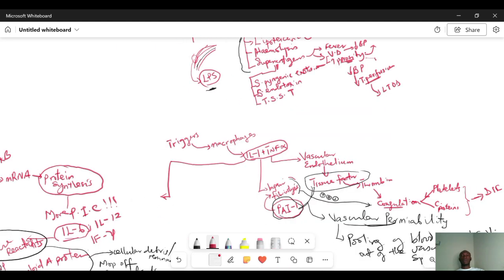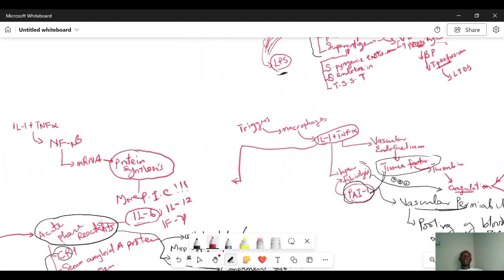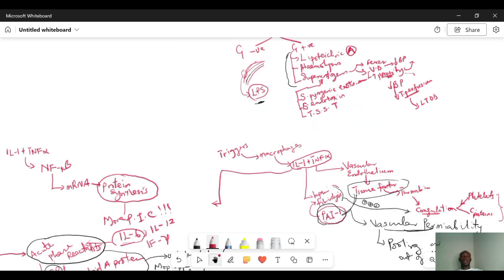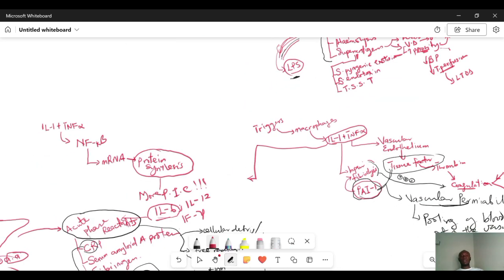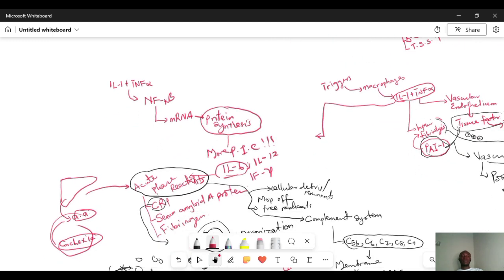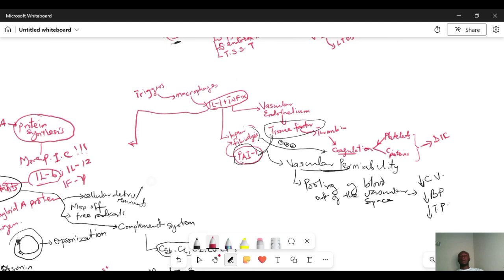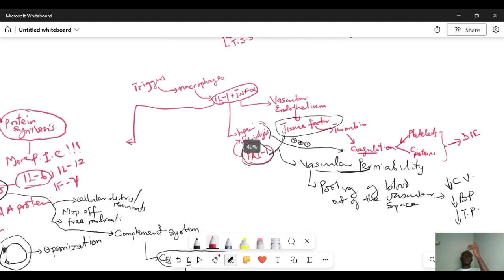So gram-positive or gram-negative bacteria can cause sepsis through the release of triggers that will induce the immune system for a response. Now, in sepsis, this response is exaggerated, and it brings about life-threatening organ dysfunction.